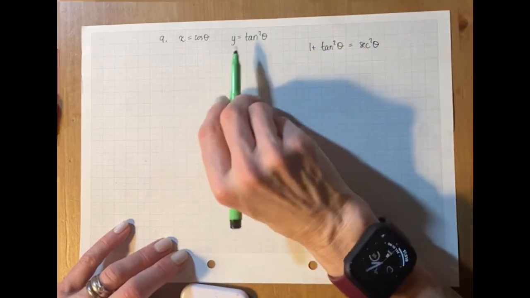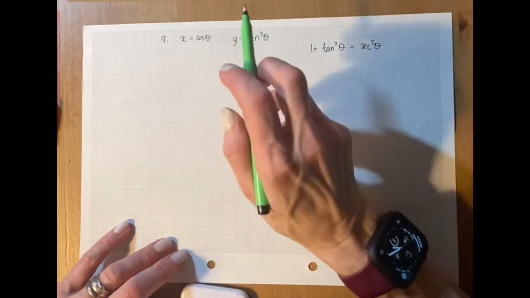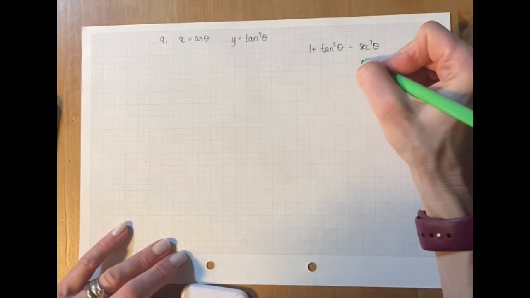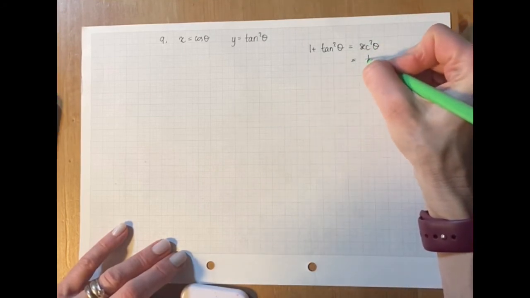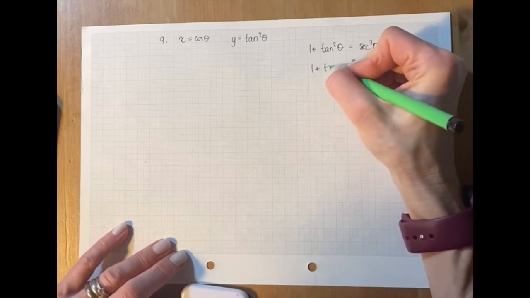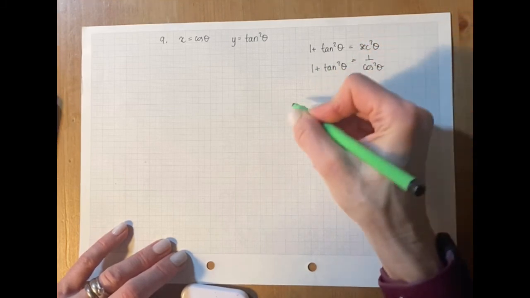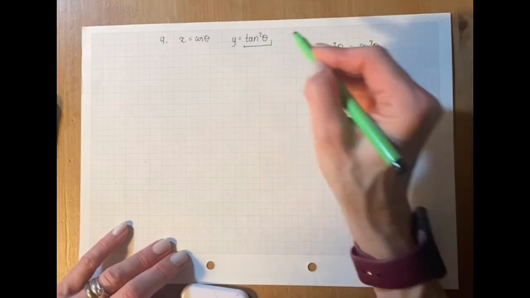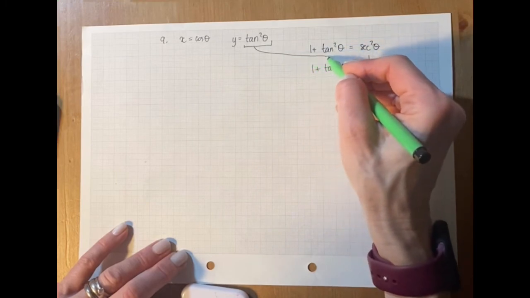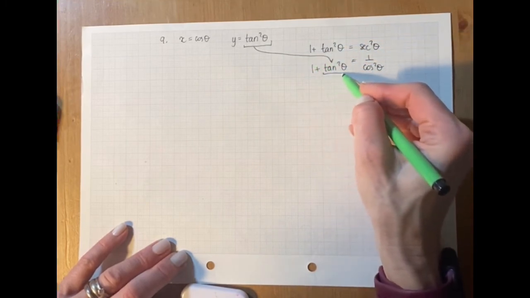But you might say, well, okay, I've got tan squared, but where is sec? Well, sec squared is equal to 1 over cos squared theta. So really, over here, we can substitute these into the identity. So instead of tan squared, I can replace it with y.